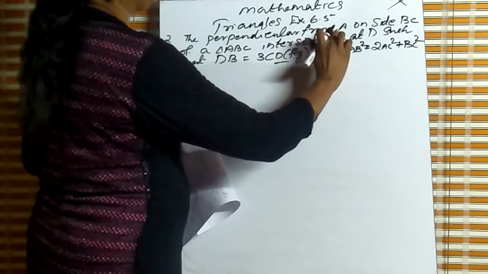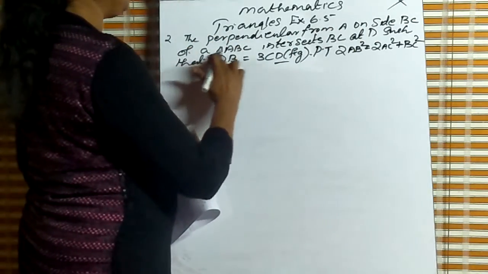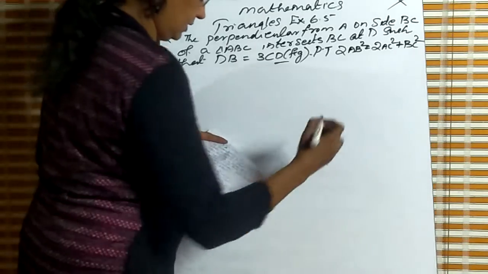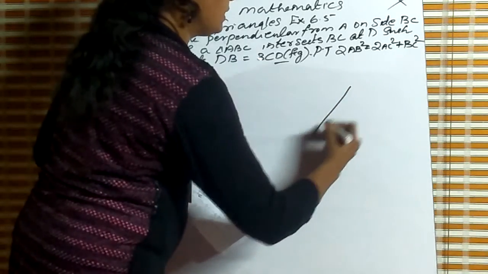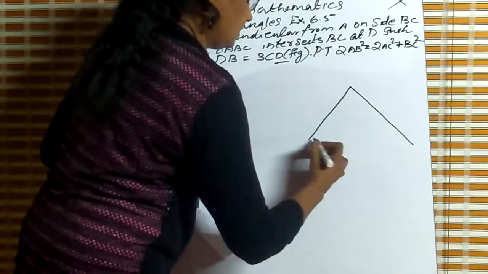The perpendicular from A on side BC of a triangle ABC. First we have a triangle ABC.